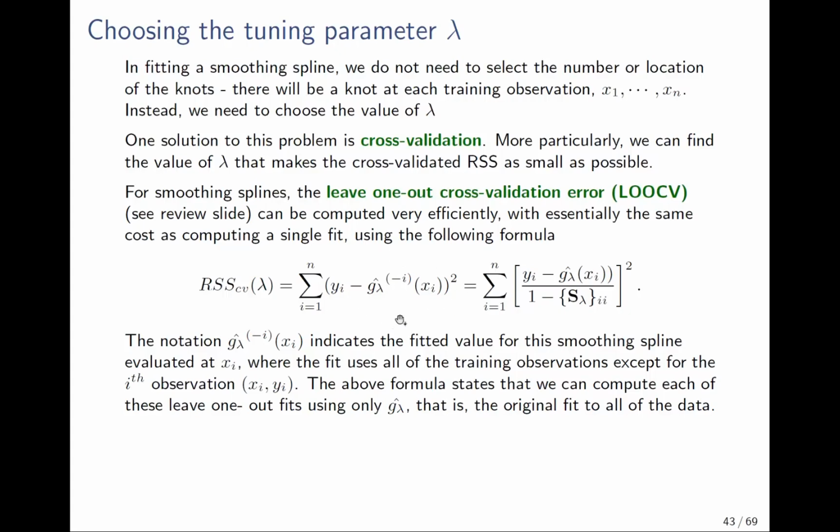But this notation here indicates that this is a fitted value for the smoothing spline evaluated at xi, where the fit uses all of the training observations except for the ith observation. And we repeat that n times, and we sum all of the errors over n trials, and then we simply want to find the value of lambda that minimizes that residual sum of squares. So that's in practice how we can find a value of lambda that is in some sense optimal.